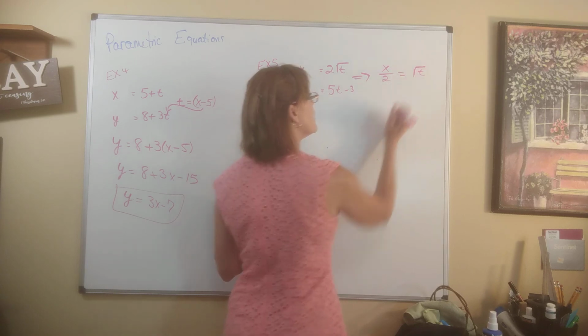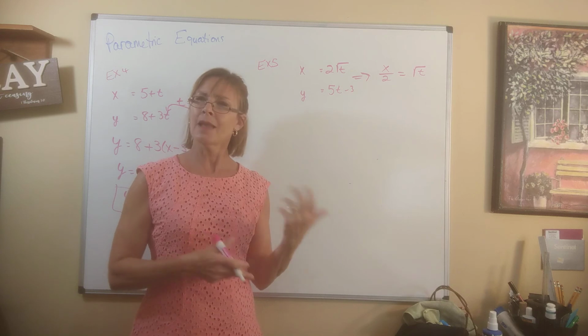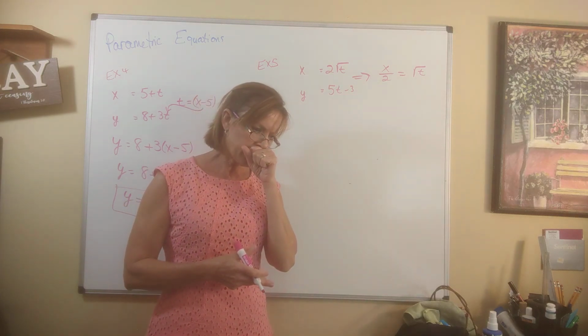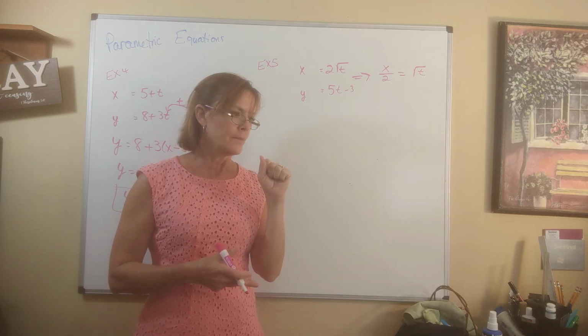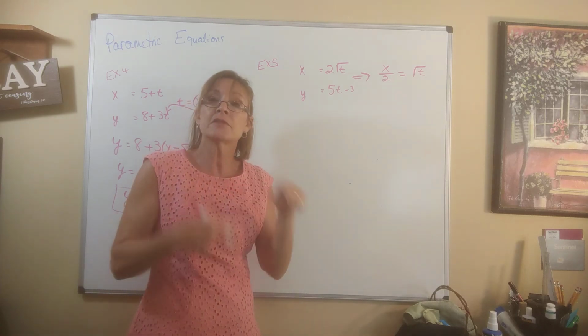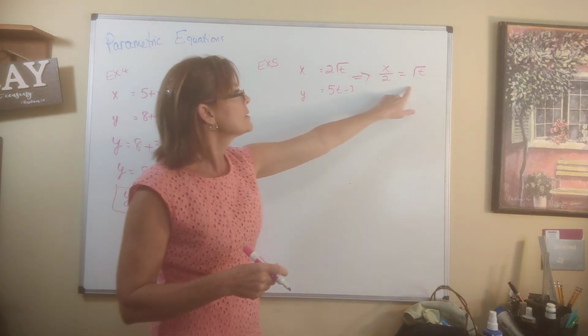Okay. Here's one thing we want to pay attention to. Remember how it mattered in the last equation if we let x be sine or y be cosine, or vice versa, it made a difference in the direction of movement. With this, you have to be a little bit careful. Notice the domain here.